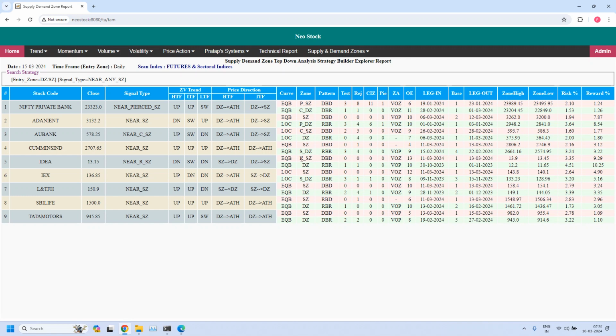And we have Idea. Idea also we discussed. We didn't accept the trade because the 5-minute structure is not good. That is what we identified. Please correct me if I am wrong. That's it. We have only these two high liquidity supply zones from this list, daily supply zones.